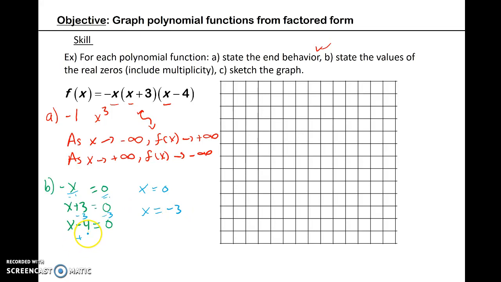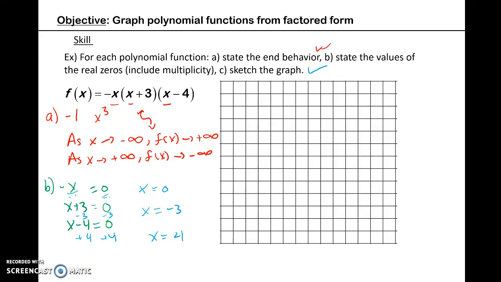And here I'm going to add 4 to both sides, giving me x is equal to 4. So what I have here are my zeros. So when I plot this, I know where my function goes through, and lastly I'm going to sketch the graph.